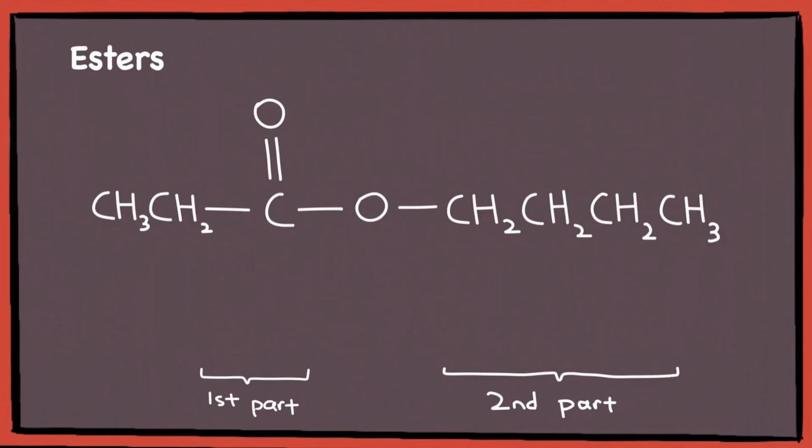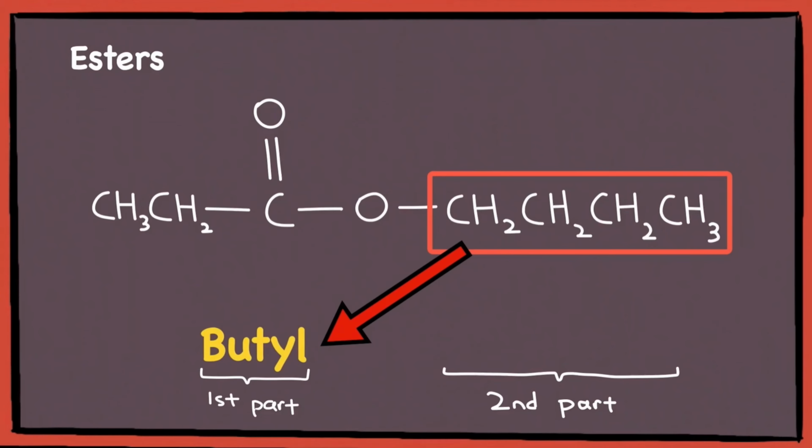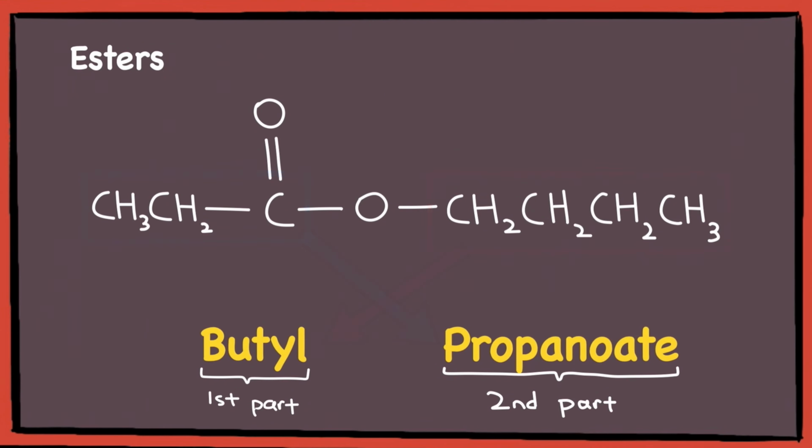Let's take a look at another example. To write the first part of the name, we look at the right section of the organic compound. So in this case, there are 4 carbon atoms, so the first part of the name will be butyl. For the second part of the name, we look at the left section of the organic compound. It has 3 carbon atoms, so it will be called propanoate. So combining everything together, its name is butyl propanoate.